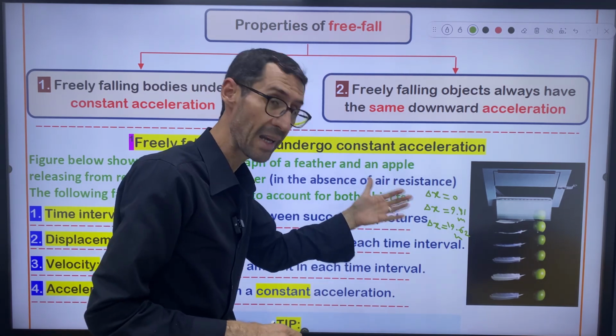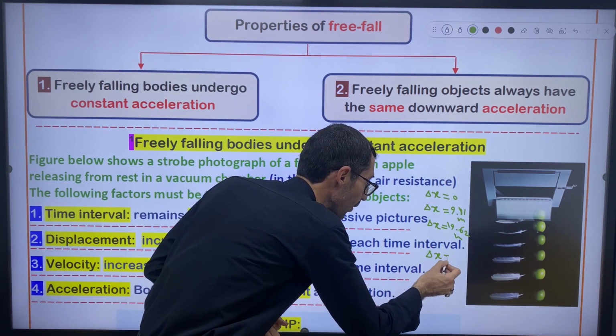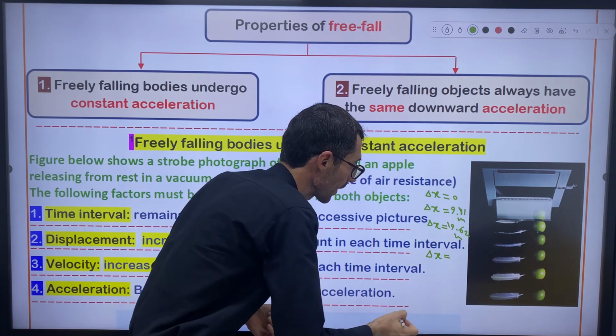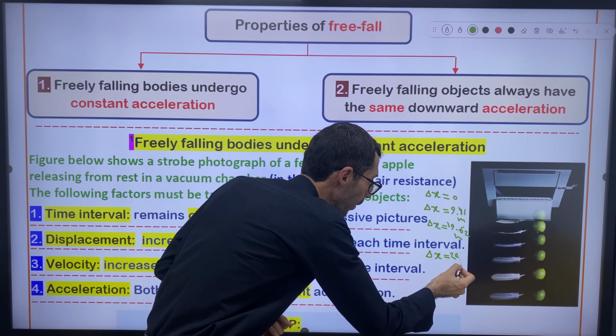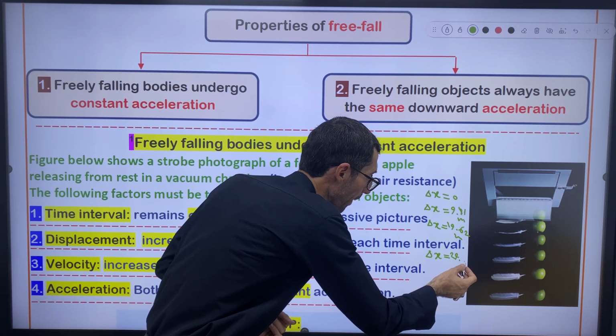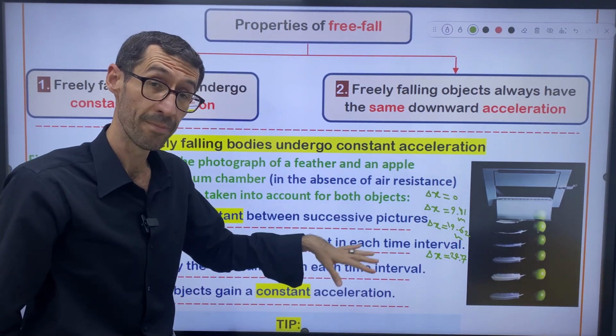Predict another displacement, delta x is equal to, for example, 29.7, and so on.